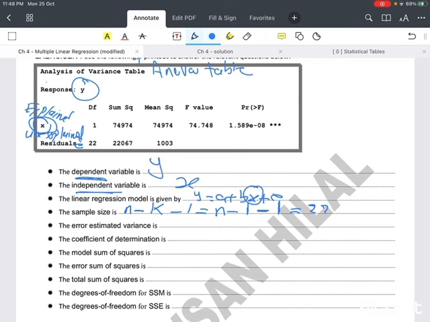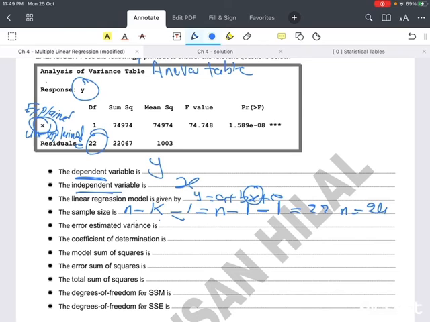So you will find that n equals 24. Okay, n equals 24. So you can use this: n minus k minus 1 equals 22.